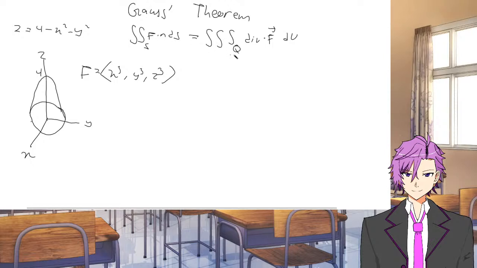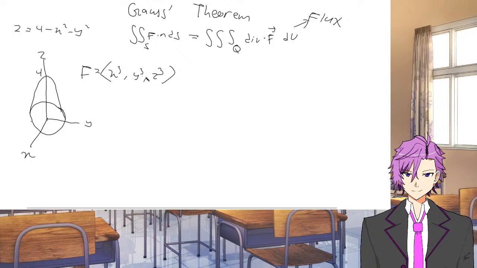Just so you guys know, this can also be used to calculate the flux of the vector field. Flux is kind of like, what do you call that, in an electric field, I think. I can't really remember that.